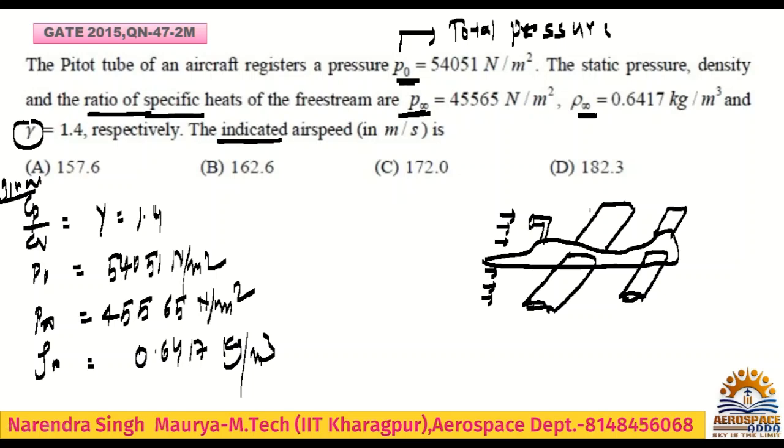Anywhere, maybe at this place or this place sometimes, depending on the aircraft. This pitot tube measures total pressure and static pressure, so we need to calculate the indicated airspeed in meter per second. The options are given here.